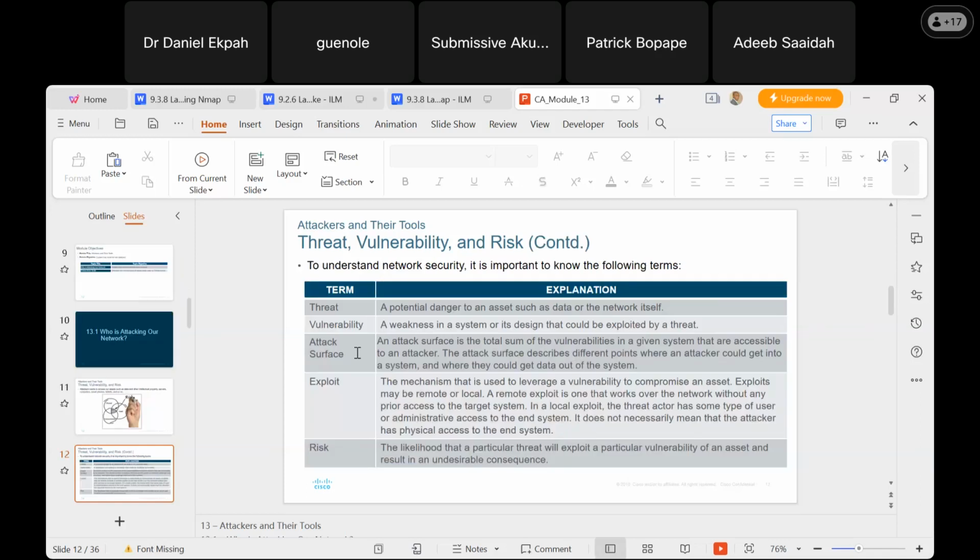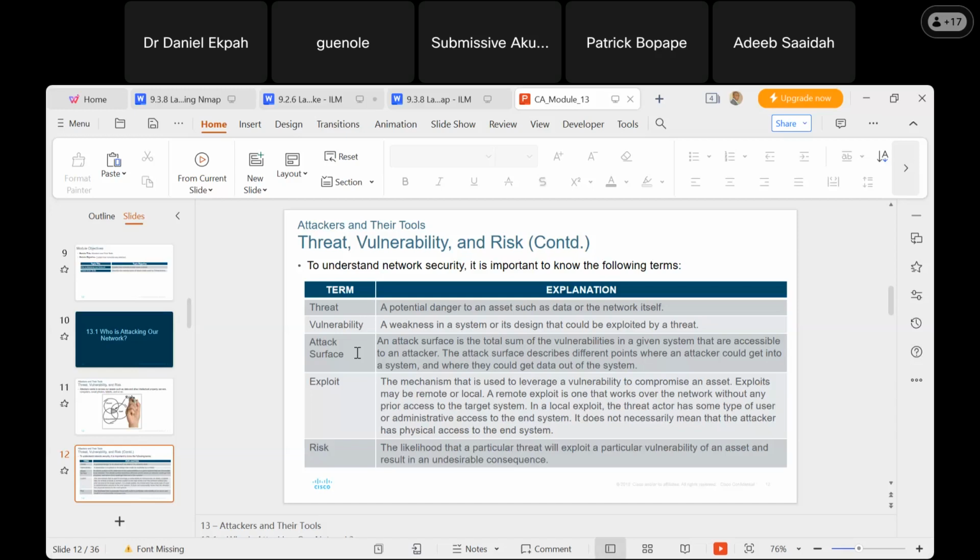To understand network security, it's important to know the following terms. Very, very important. Threat. What is a threat? A threat is a potential danger to an asset, such as data or the network itself. When we say potential, we mean there are some lapses, some loopholes, likely chances because that provision has been made, and with that there is automatically a threat.